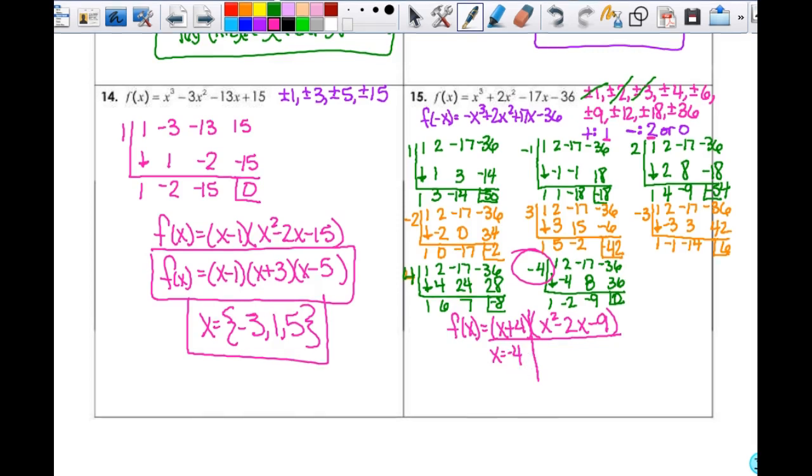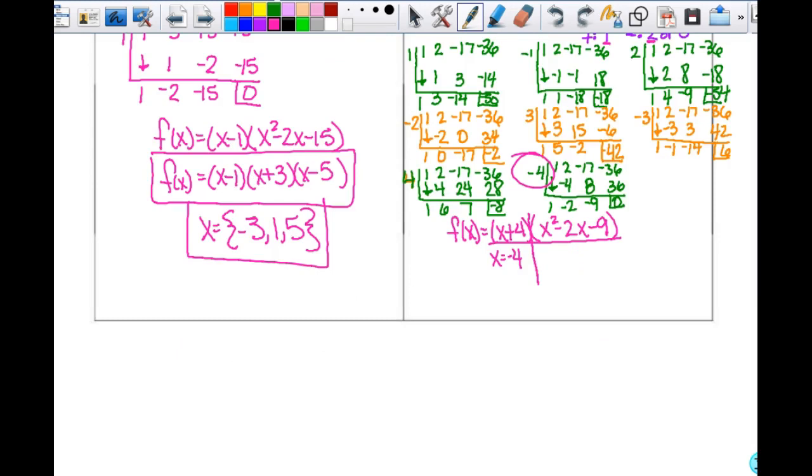Okay. Let me see if I can get my board. So then I substitute this in. X equals negative b, so that's a positive 2, plus or minus the square root of b squared, so negative 2 squared, minus 4 times a times c, which is a negative 9, all over 2 times a, which is 1.